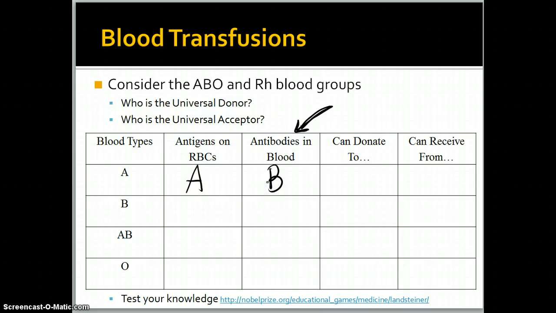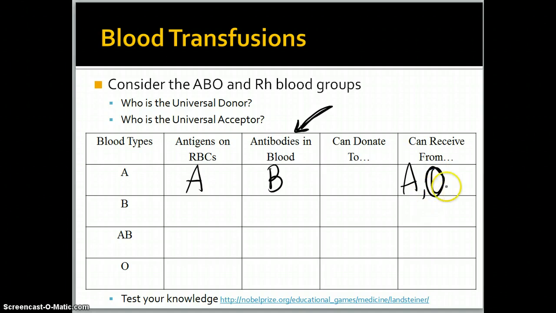So what you want to try to figure out is if B is foreign to this individual, who can they donate to and who can they receive from? Okay, so let's start with from. So this individual, because they have B antibodies, could receive from somebody with A blood. Okay. They could receive from somebody with type O blood.